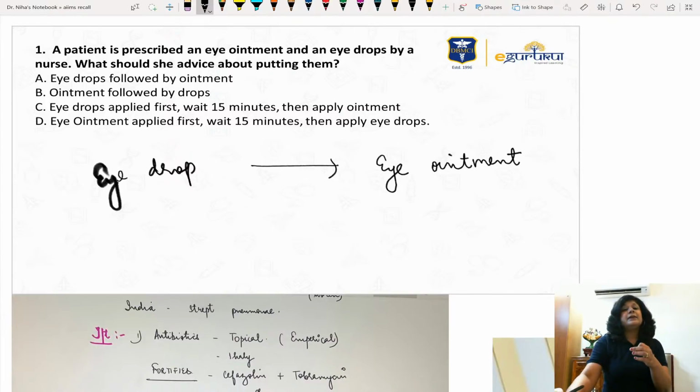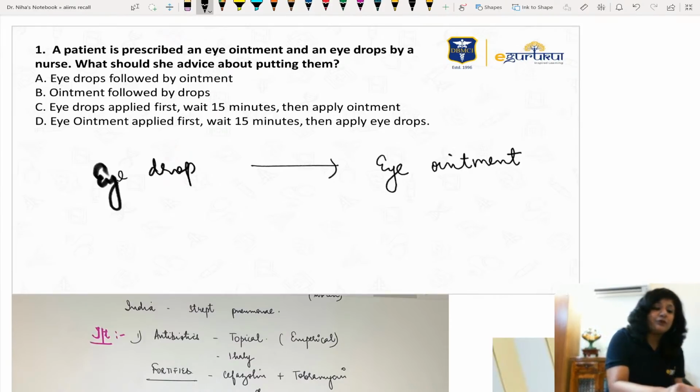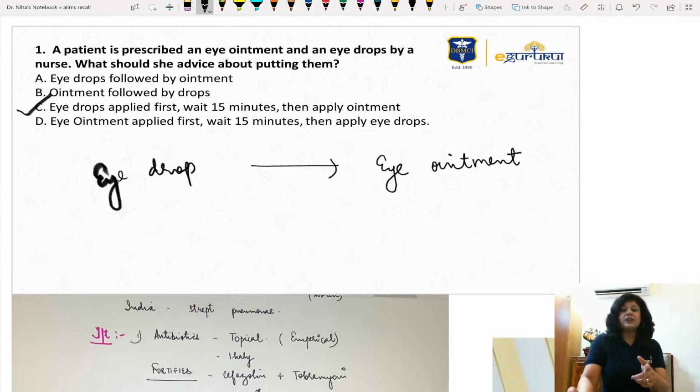And as you know, whenever we give topical medications, we never give them simultaneously. If I am giving one thing, then I have to wait for some time and then give the next. So I have to first give the eye drops. Option number 3 is the correct one. Eye drops first, then wait for 15 minutes and then apply the ointment.